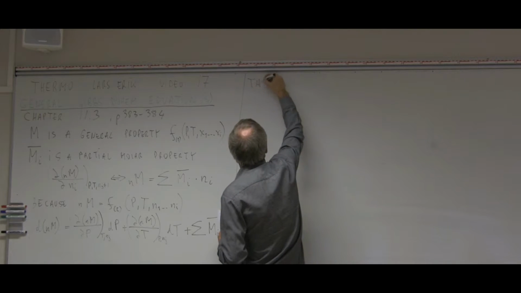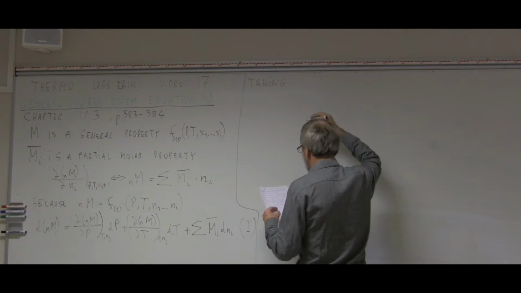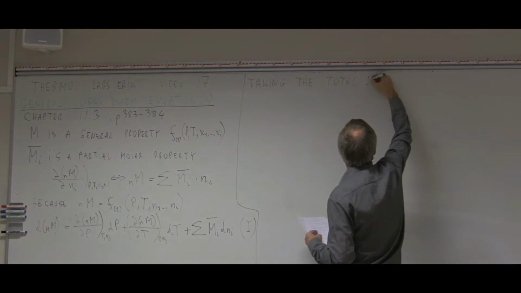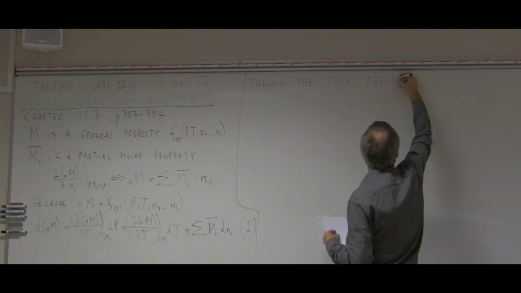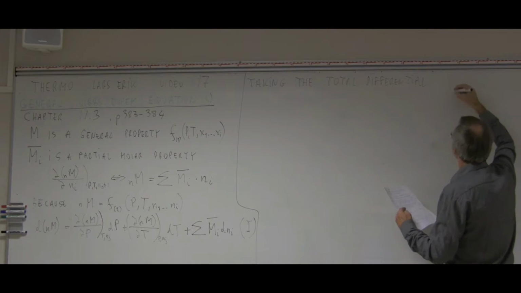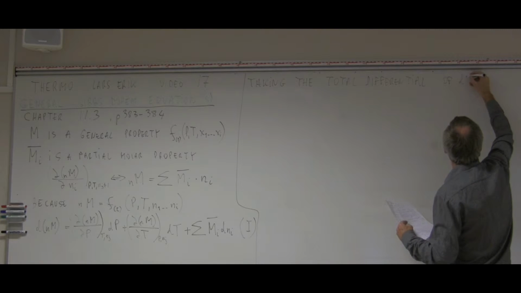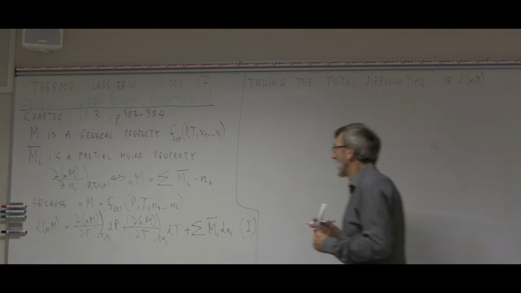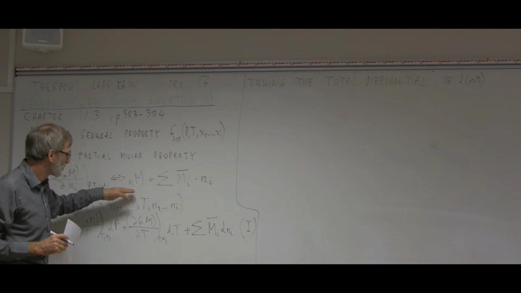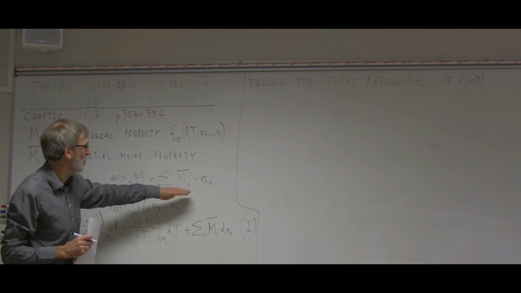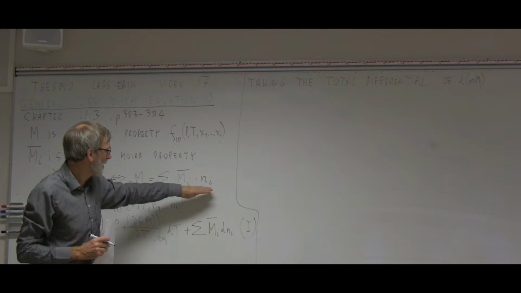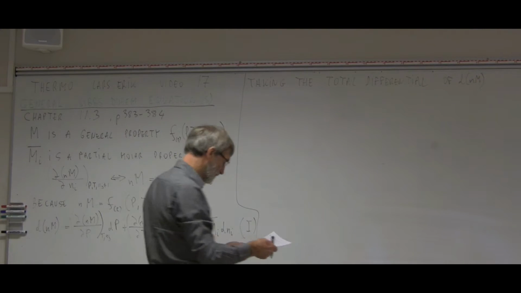Then we are taking the total differential of M. This is an expression for the total amount as a function of the partial molar properties and the amount of each component.